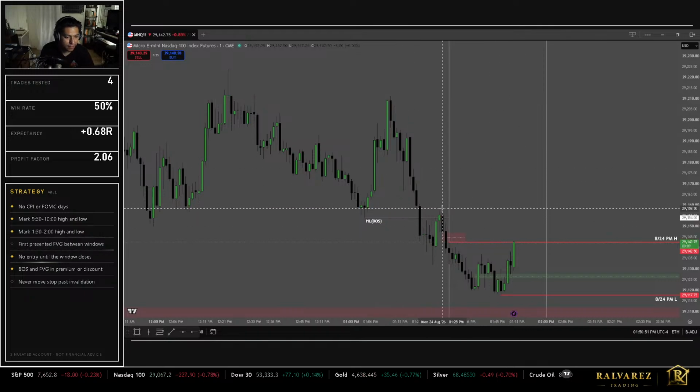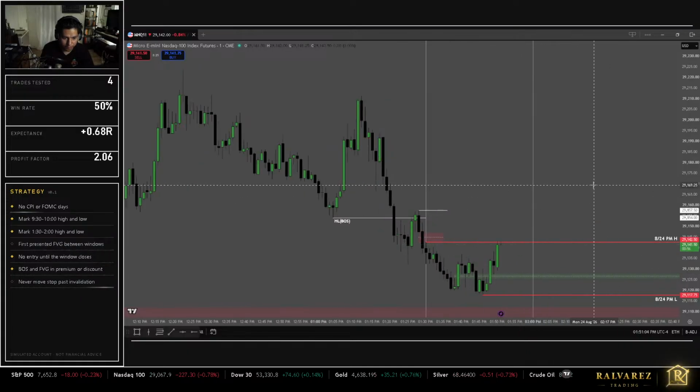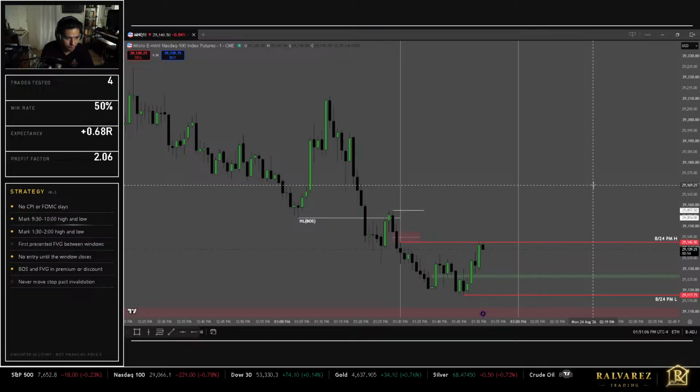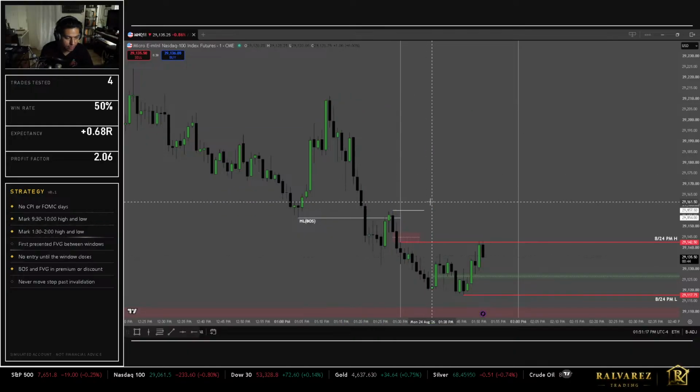I think it can reach up into here. I think that would be okay for it to come into here and then seek lower. But anything above, like this one, or even this one, I think would invalidate my trade.